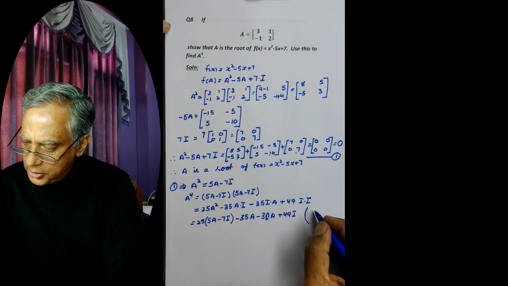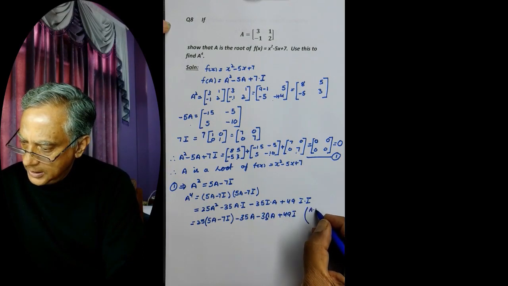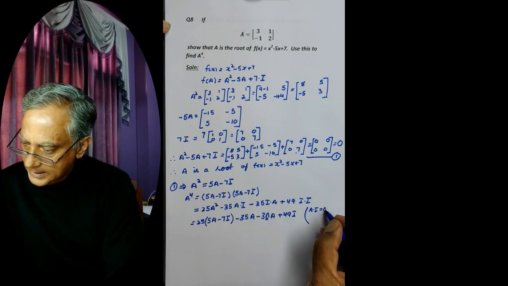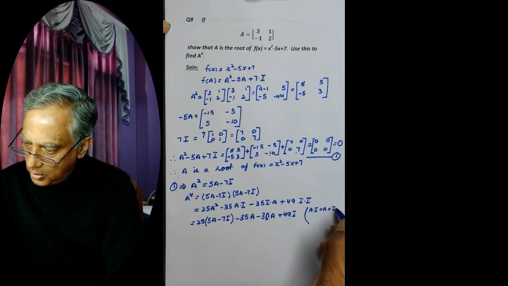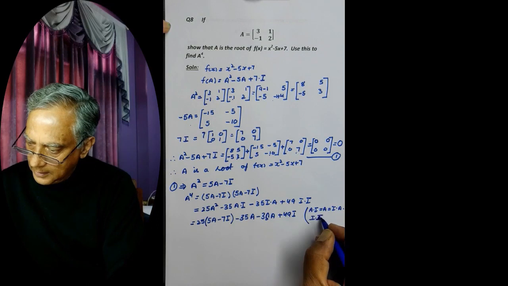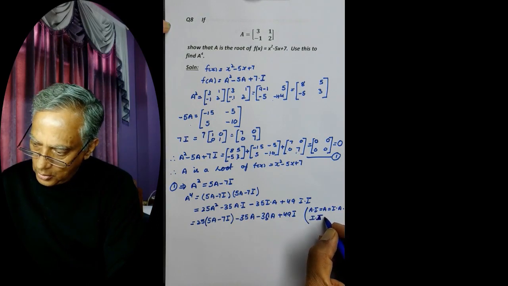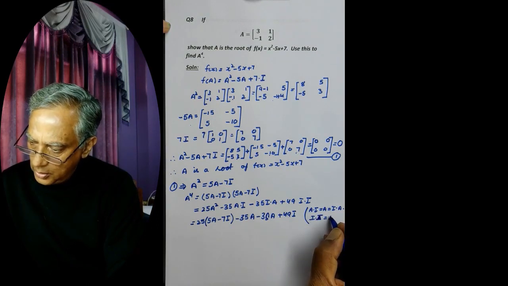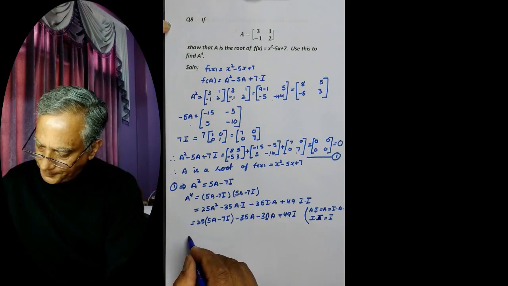We have used the following results. A into I is A is equal to I into A, and I into I is equal to I.